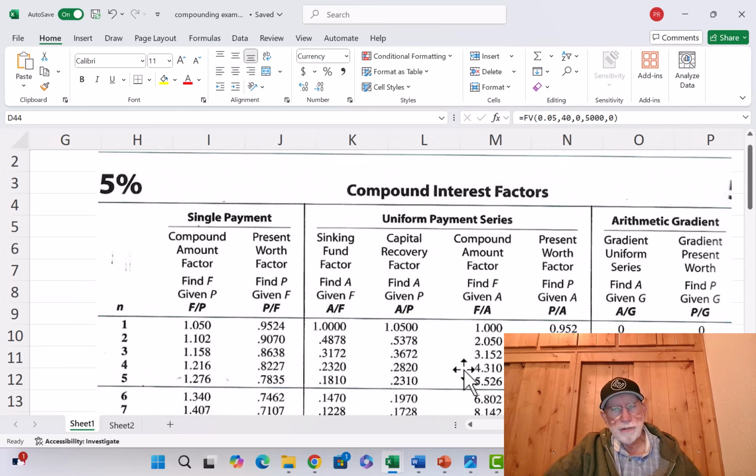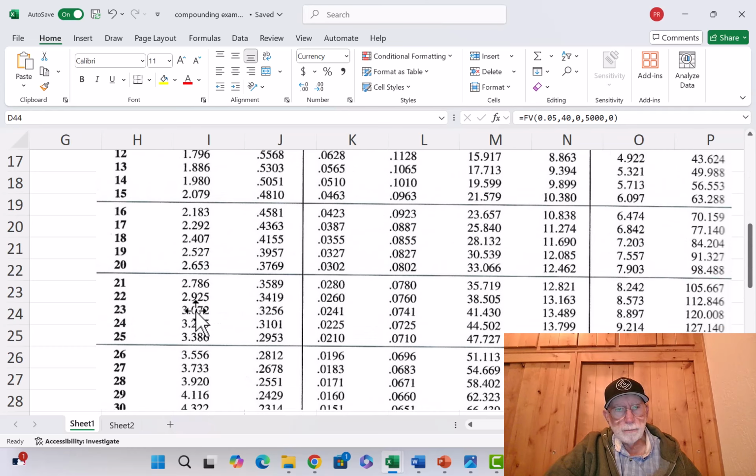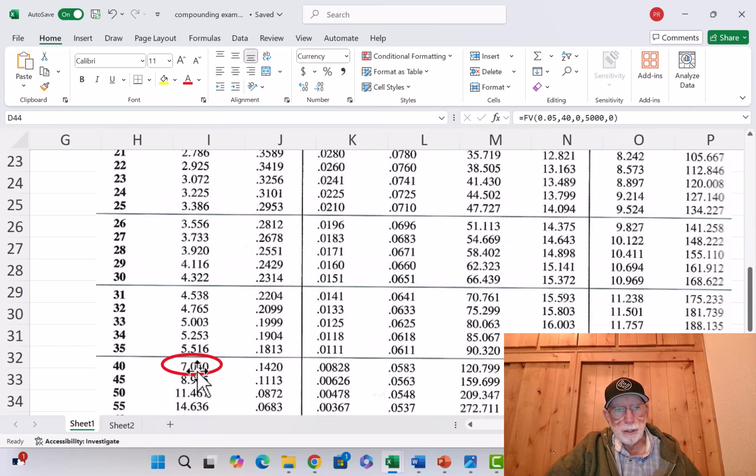You would look for the F over P factor. That's how you would find the future value of a present sum. Scroll down to 40 years, and the factor is 7.04.